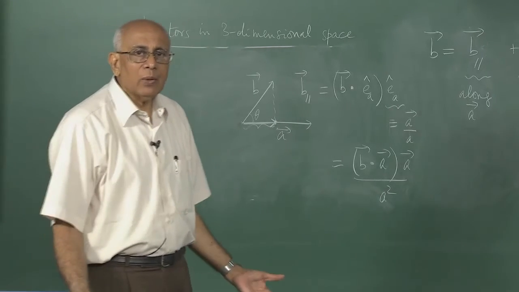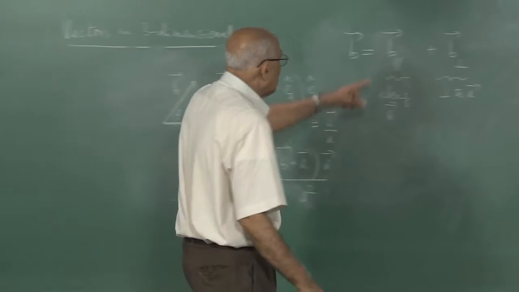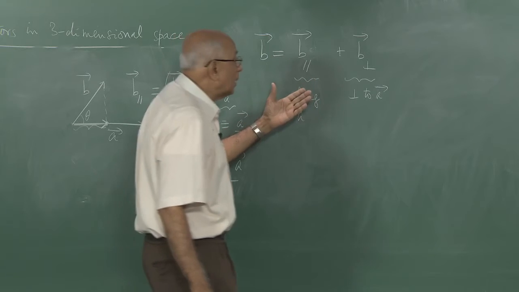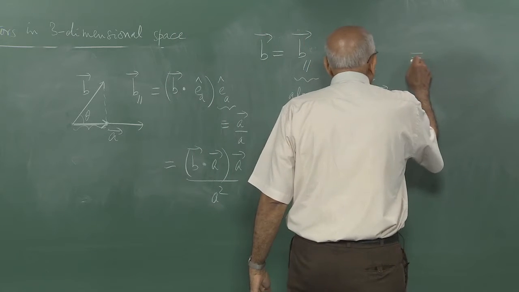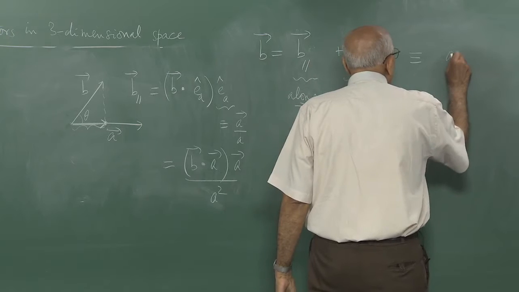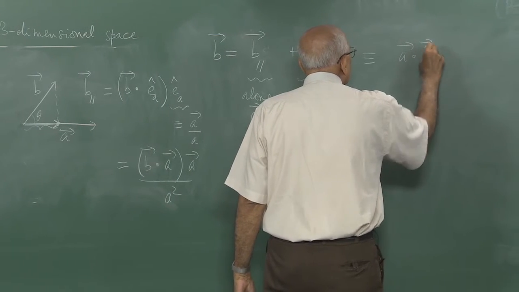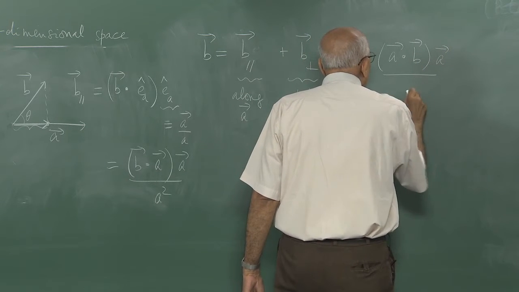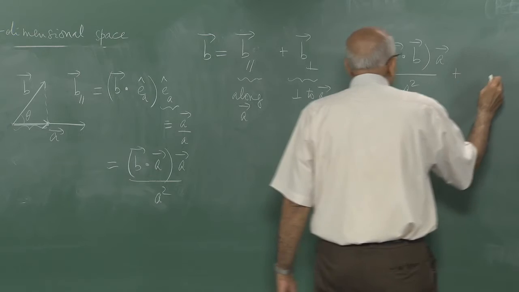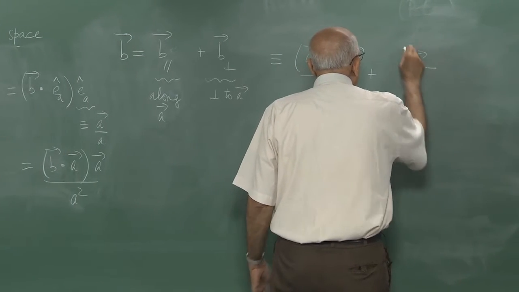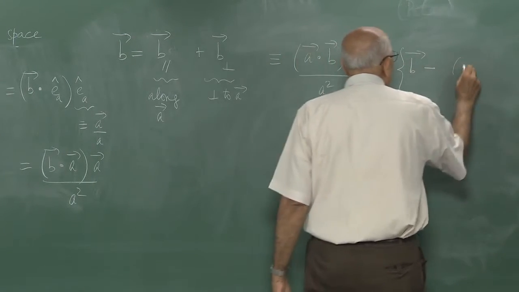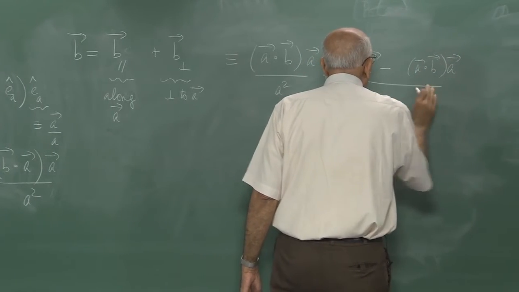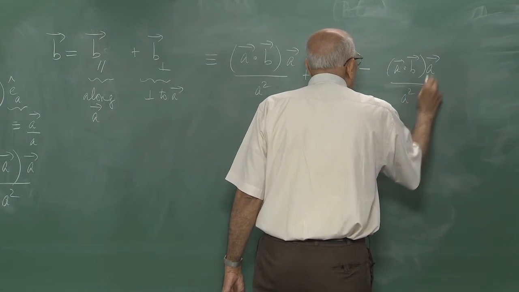Now what can B perpendicular be? Well, it is clear that B perpendicular is B minus B parallel. So it is immediately obvious that I write an identity. B is identically equal to, let me write it as A dot B, A over A squared, plus the vector B minus the same thing, over A squared.